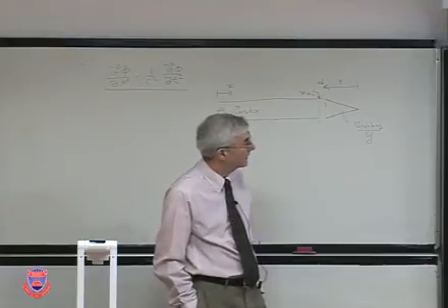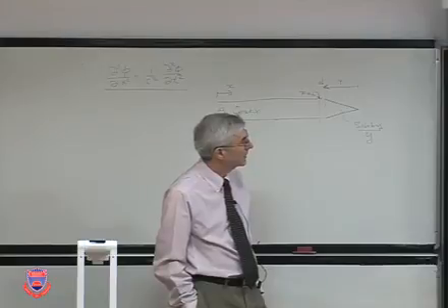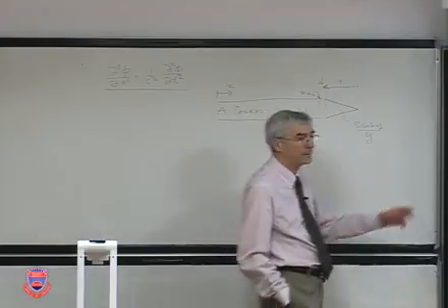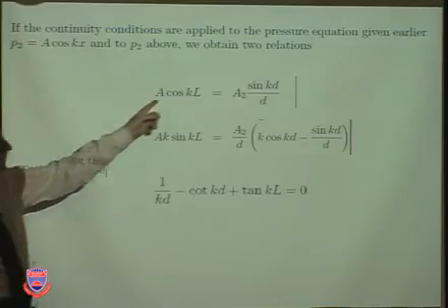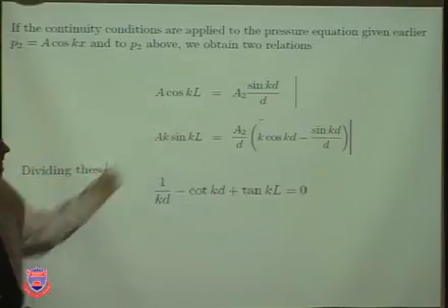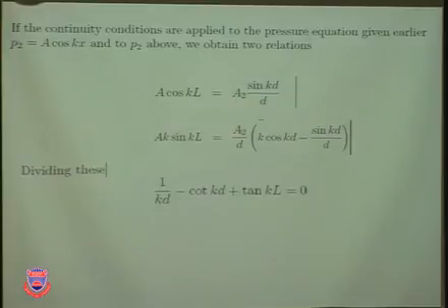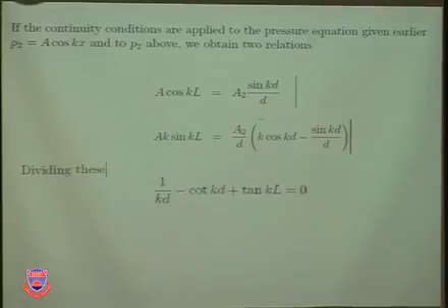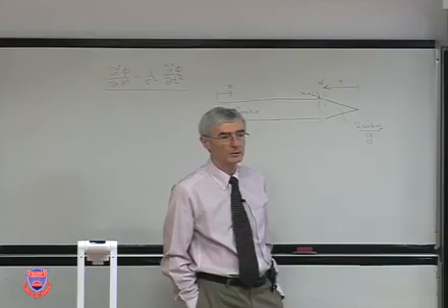So by setting the equations given above, evaluating them at L for pressure and for particle velocity, we have two equations, and their division gives us the eigenvalue equation for the system.